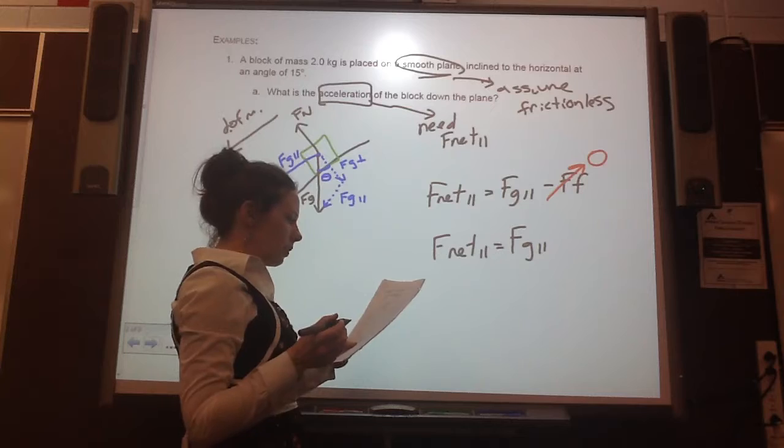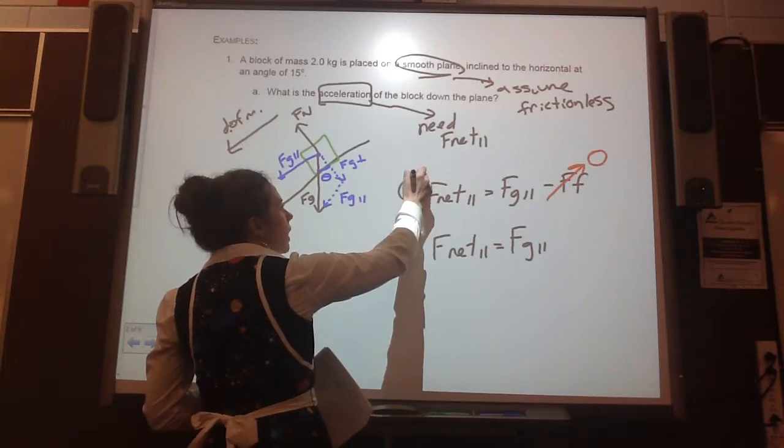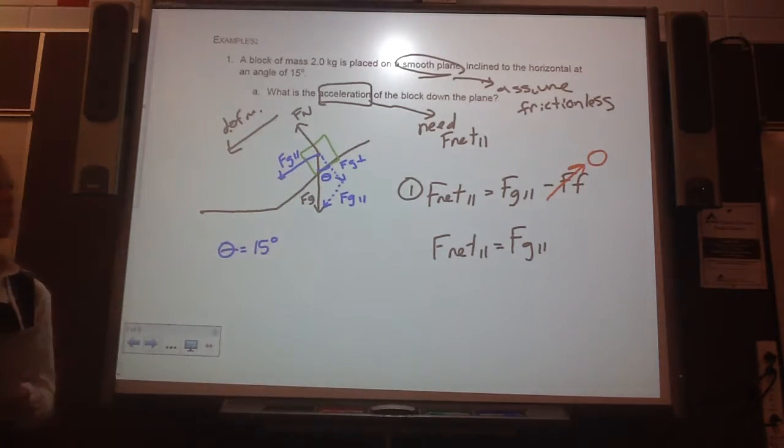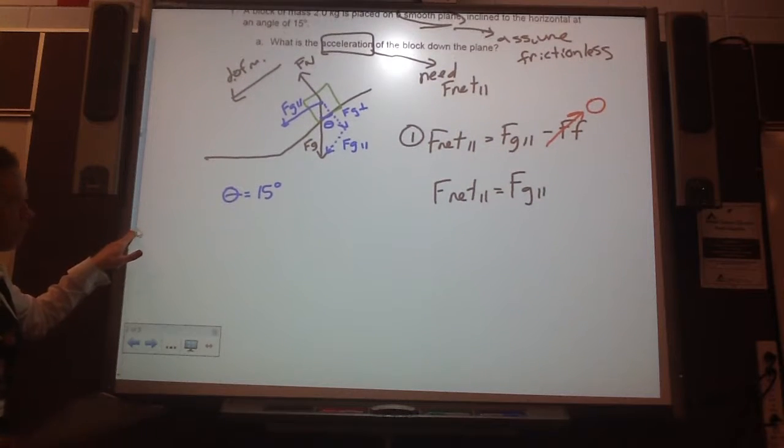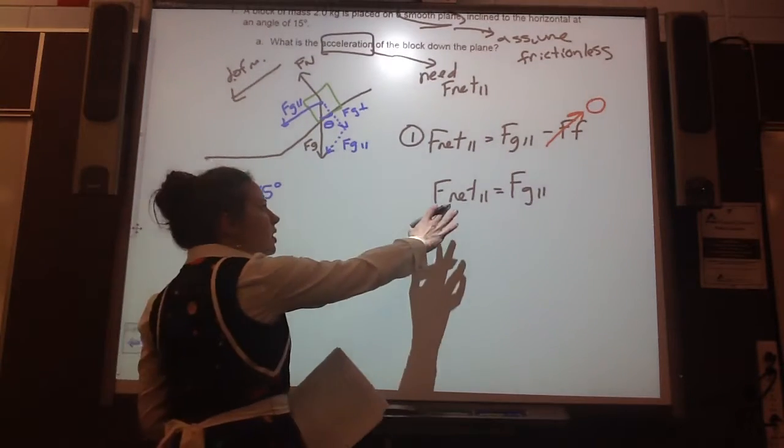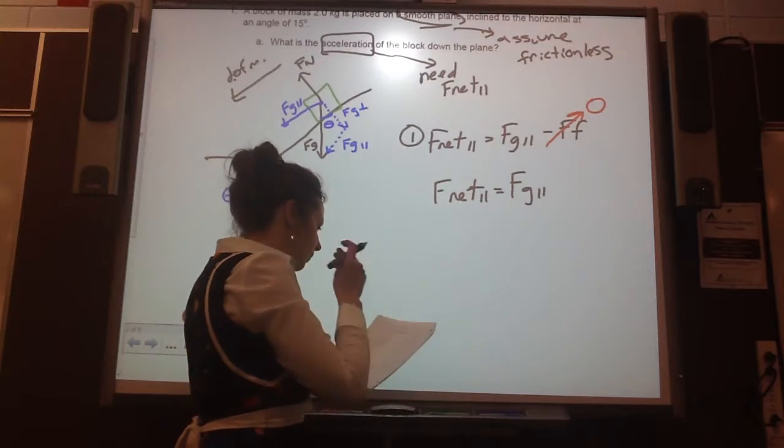Oh, and I'm going to label this as step number 1. Since there are often 5 or more calculations in these questions, it's good to label this is step 1, this is step 2. I find it helps me keep organized, so I'd suggest that would be a good option for you guys as well.